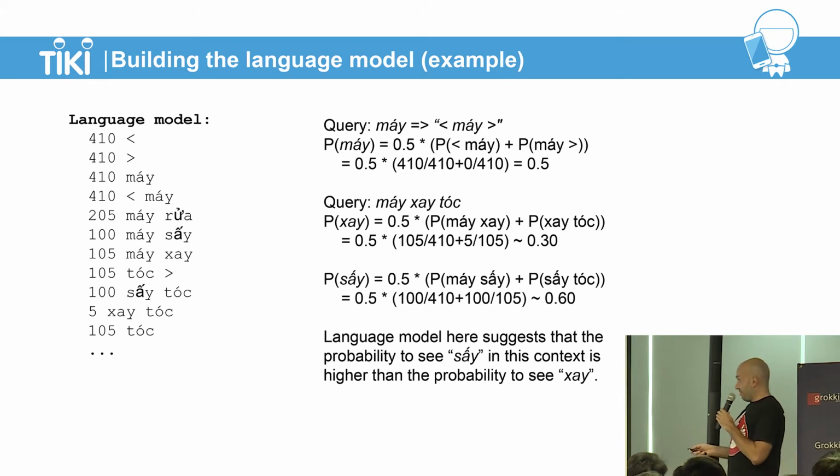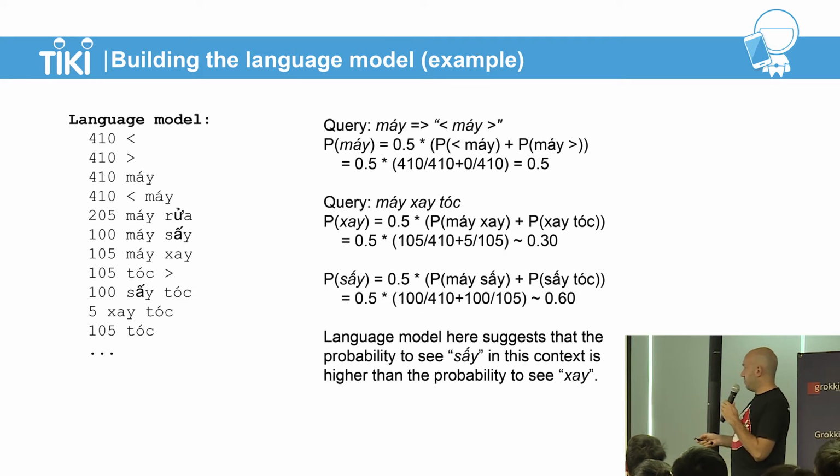Another example, my psi top, and we try to compare candidates for the word psi. We have two candidates, psi and say, and let's calculate using the same technique. So the probability of psi in the context of my and top would be the probability to have psi after my and the probability to have psi before top, and the average between these two.